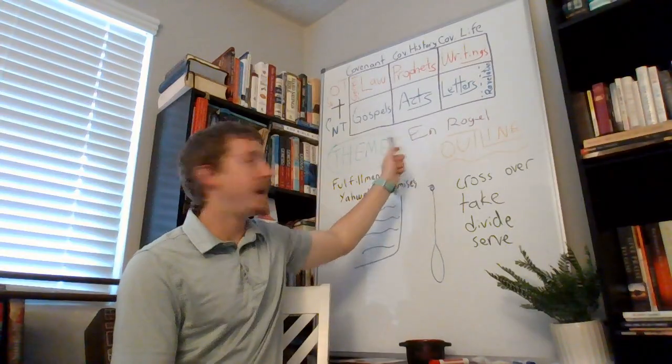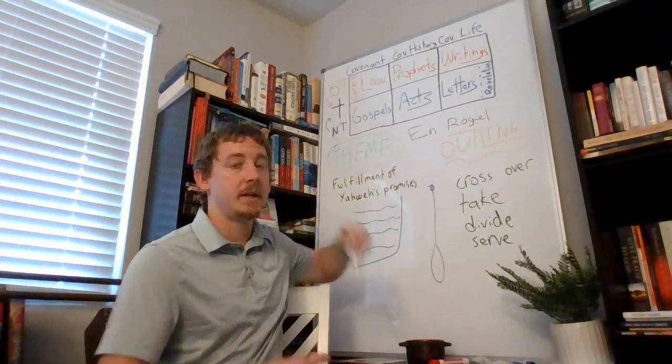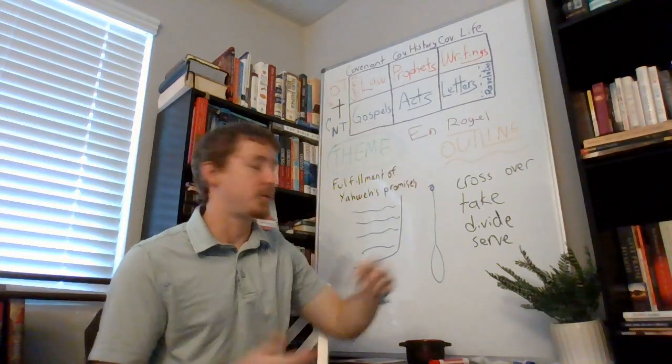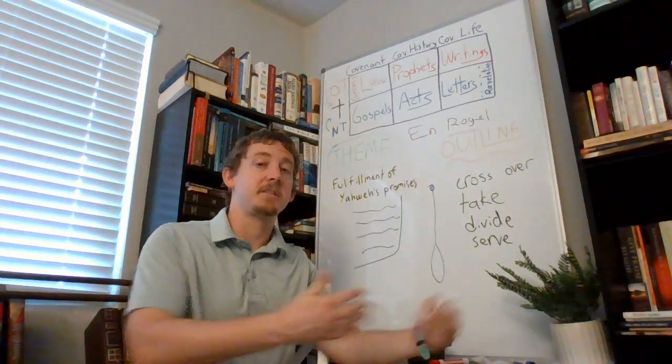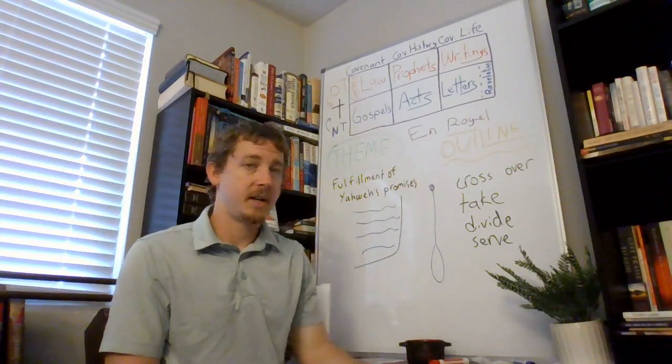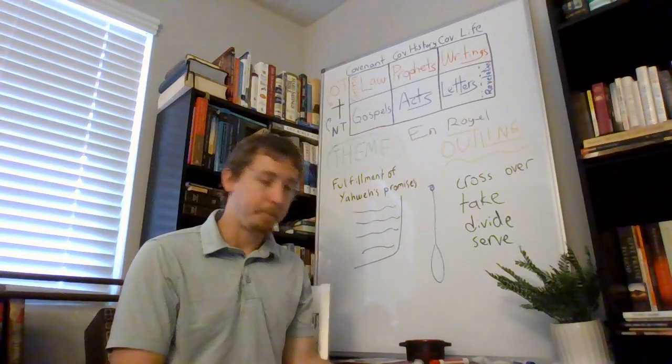This first part, Ein, means spring. So the spring of Rogel. When you see a number of names, it's the spring of such and such. And that's why you have so many instances of this as the first part of a name.